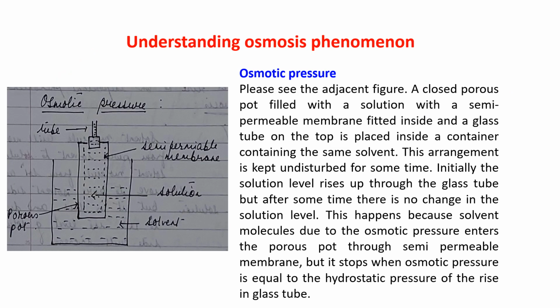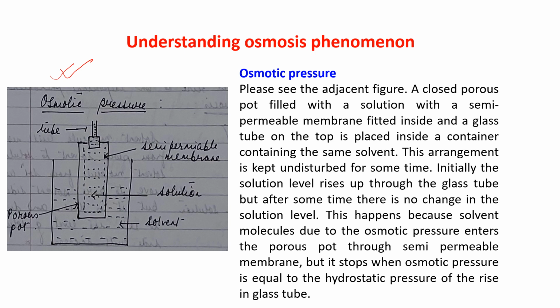Now next is osmotic pressure. What is osmotic pressure? For this, please see the adjacent figure. A closed porous pot, which is filled with a solution, having a semi-permeable membrane fitted inside and a glass tube on the top, is placed in a container containing a solvent.